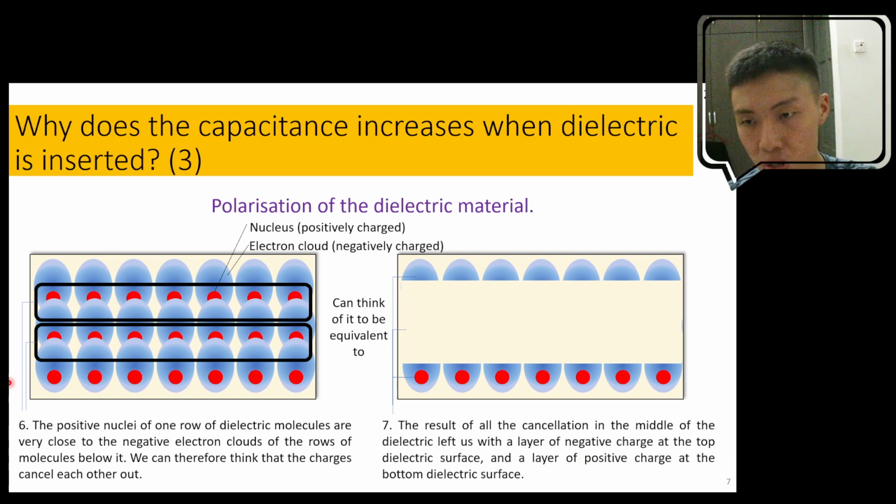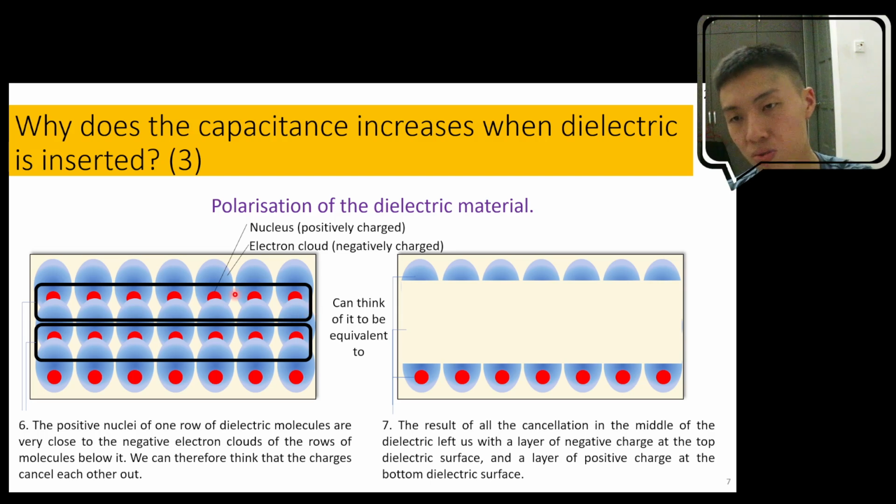Right now, the positive nuclei of one row of dielectric molecules are very close to the negative electron clouds of the row of molecules below it. I hope you can notice that this positive nucleus is actually overlapping with the electron cloud of the atoms below it.